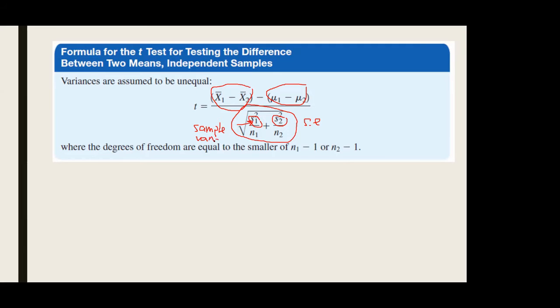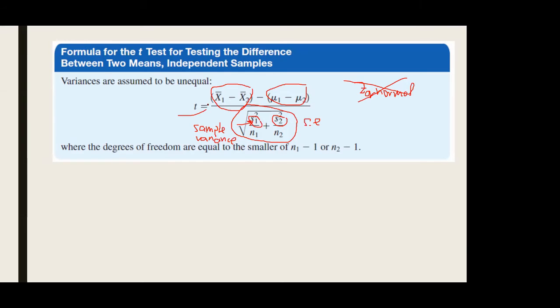So ano ibig sabihin? So it means that we just use the sample variance to estimate the population variance. But here we don't use the z distribution or the normal distribution. Okay? We don't use this anymore.